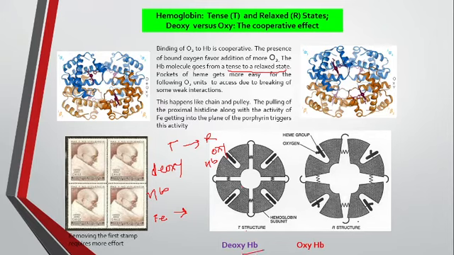Second factor, pH. Okay, what happened here? At pH 7.6, there is a sudden increase, and here at this position there is a high ability to provide oxygen, and then it goes to the linear saturation point.